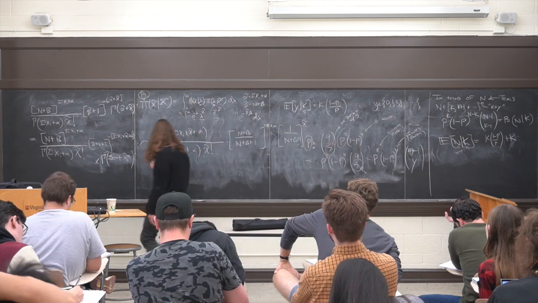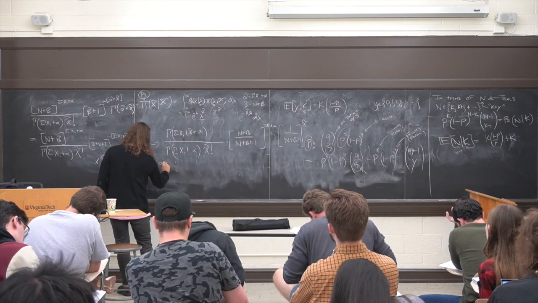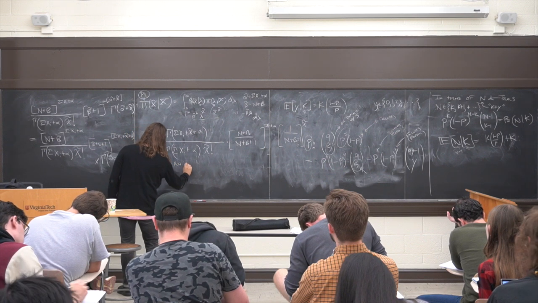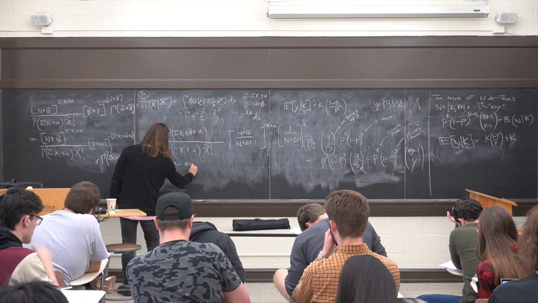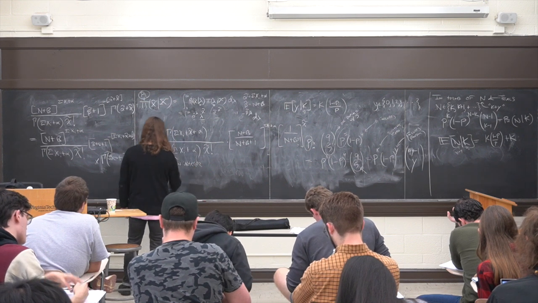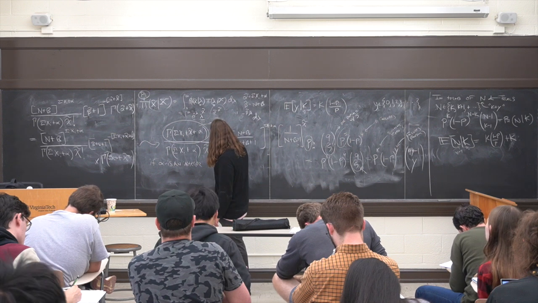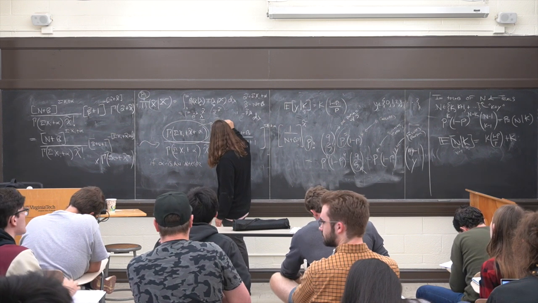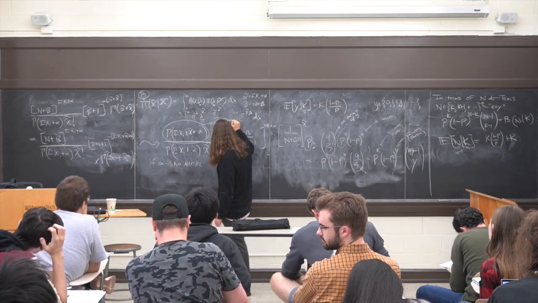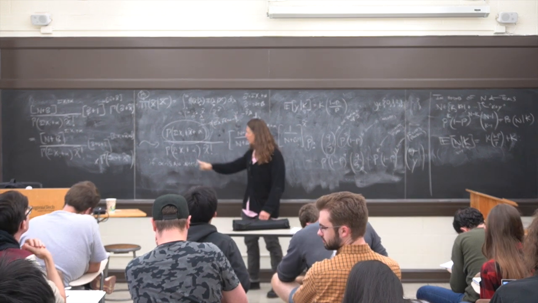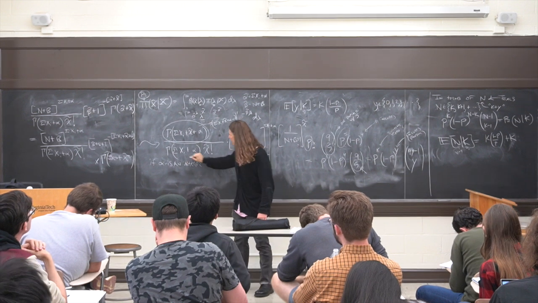So again, if alpha is an integer, this thing is going to be sum of the xi's plus x tilde plus alpha minus 1 factorial. There's going to be a similar factorial here.